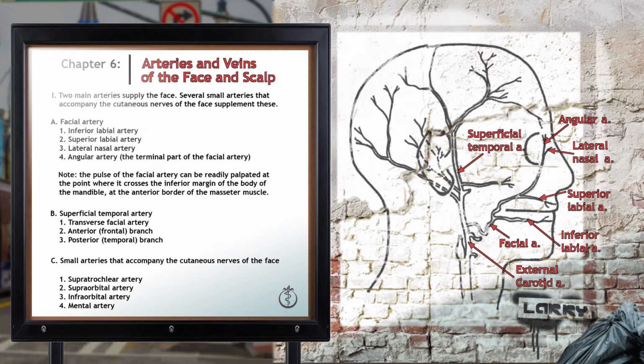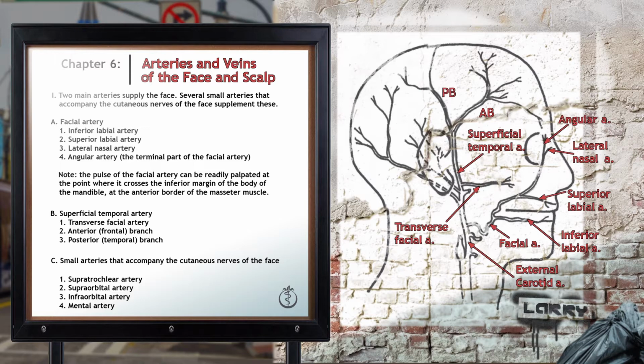The superficial temporal artery usually gives rise to a small transverse facial artery, and the transverse facial we typically will find located just above the parotid duct and just below the zygomatic arch. The superficial temporal continues up the side of the face in front of the ear and will eventually give rise to two main terminal parts, an anterior or frontal branch and a posterior or temporal branch.